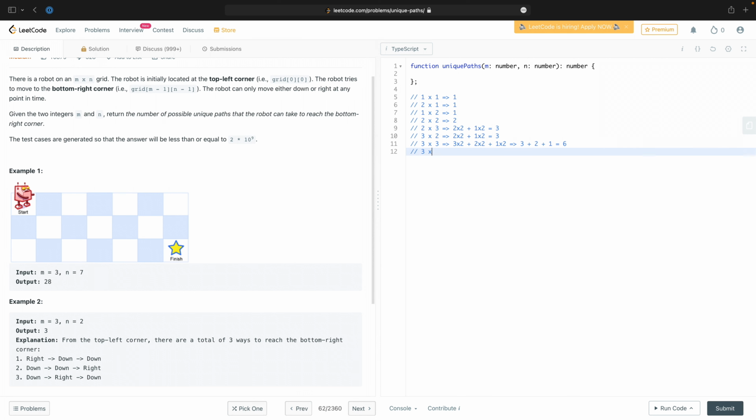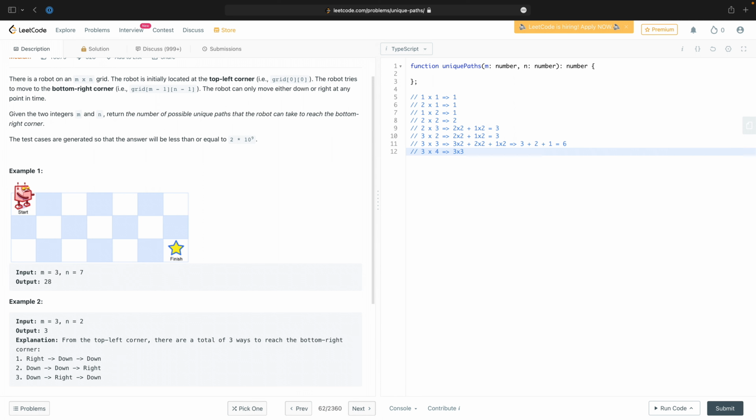What does a 3 by 4 look like? 3 by 4, well again we've got our 3 by 3 structure. We've got one way into that.